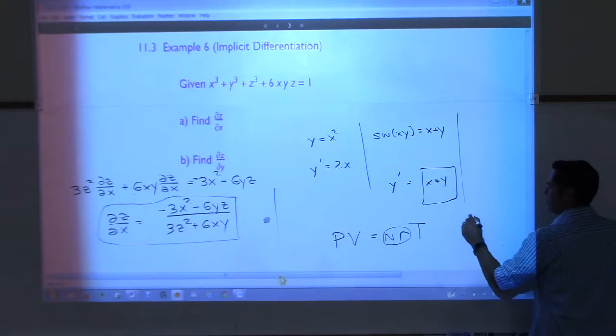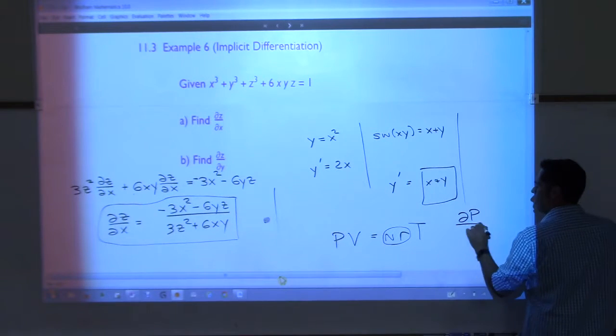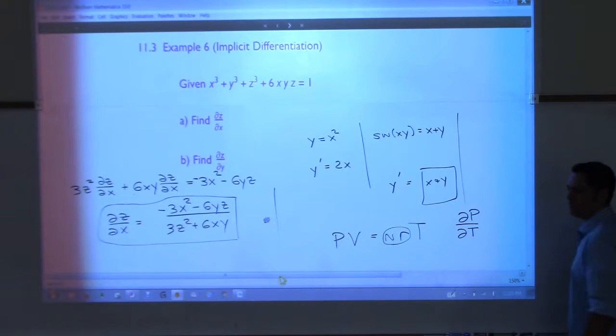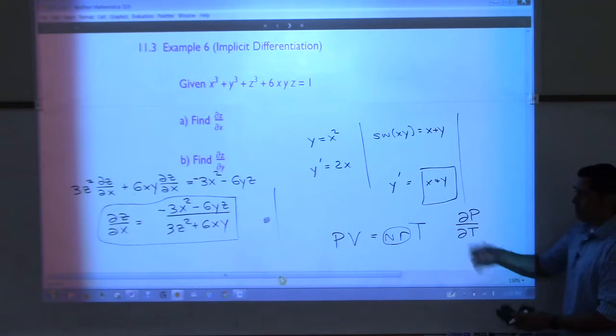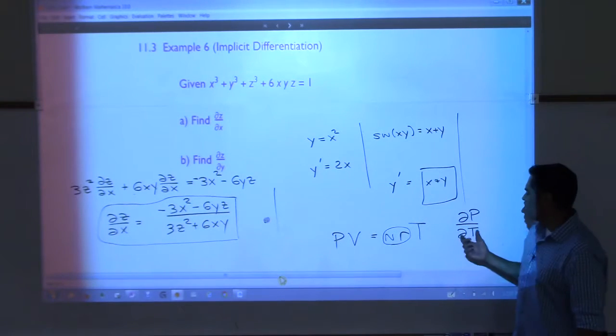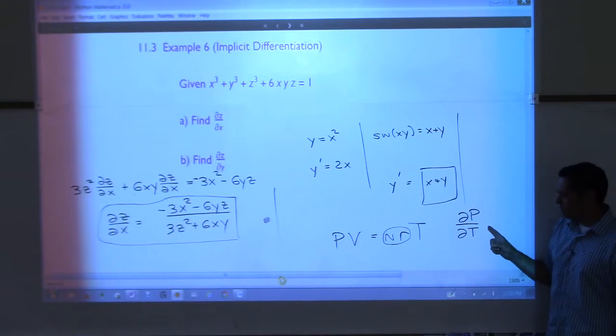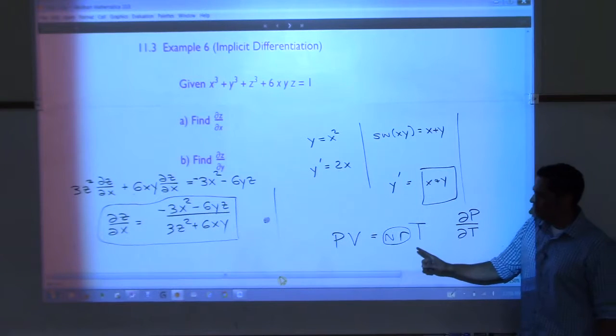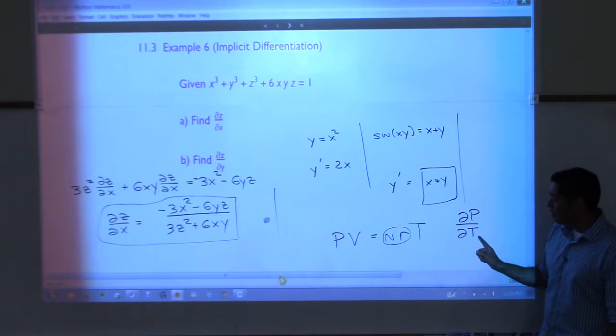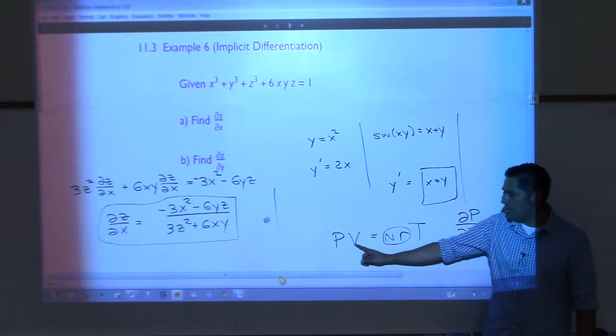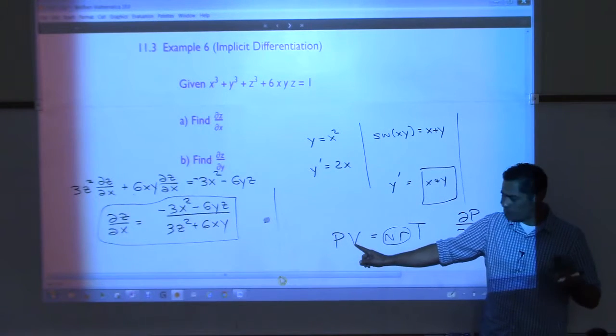If I asked us for the partial of p with respect to t, then we could go through this and do this just like we did this. Here what we would do is treat capital T as our variable that we're differentiating with respect to, and when we got to v, we would treat v like a constant.